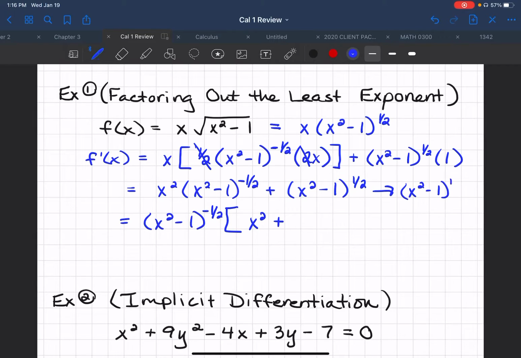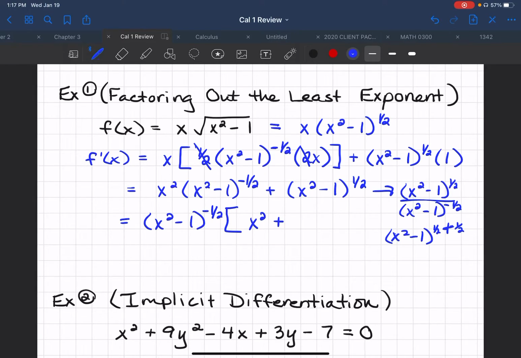I'm going to work it out over here on the side. This is what you're doing when you're factoring out. You're dividing out. And remember, what you do with exponents is you subtract them. So this is x squared minus 1 to the 1/2 minus a negative 1/2, which makes that 1/2 plus 1/2, or just 1.